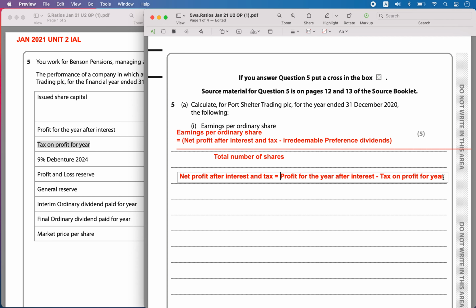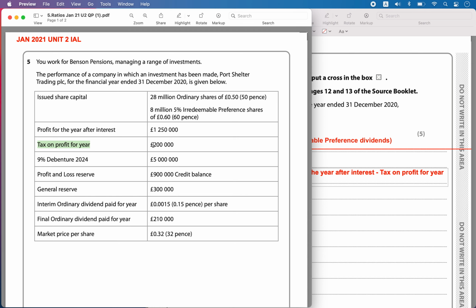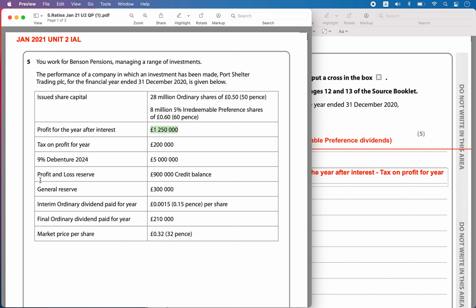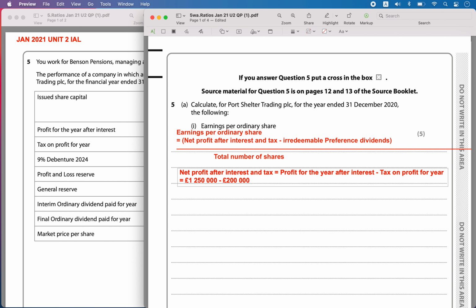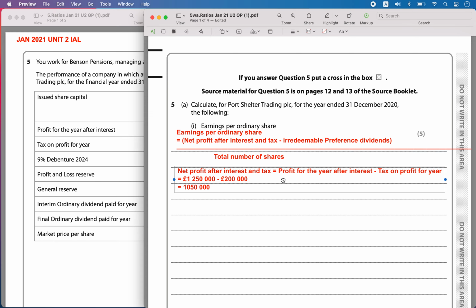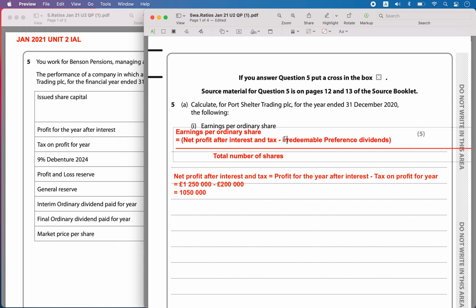So as of now we have profit for the year after the interest payment, which is 1,250,000, minus tax on the profit. The tax on the profit is 200,000. So that is going to be equal to 1,050,000. This is the net profit after paying off the tax and the interest.